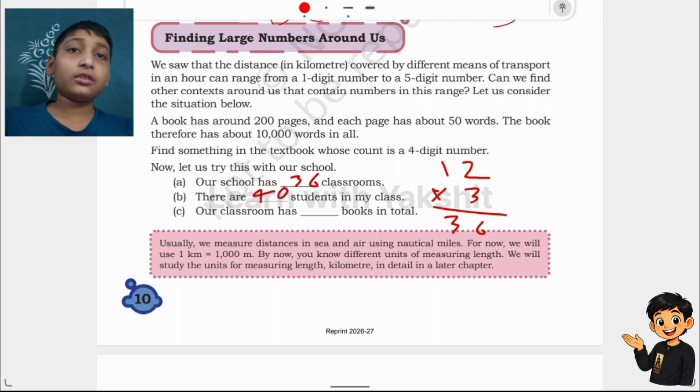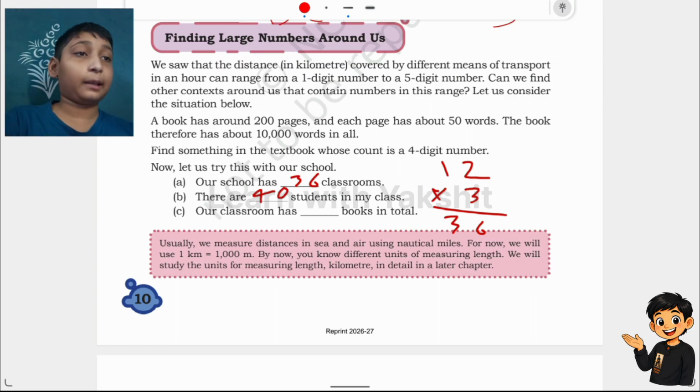I only count the 4 main subjects, like maths, which you're studying now, English, EVS, and Hindi. And don't forget the notebooks. Do those count as books? Yes, those count.